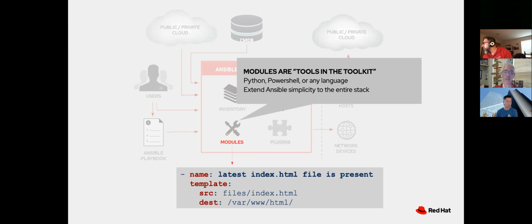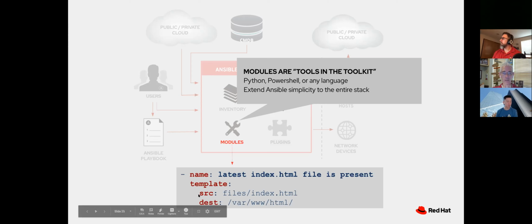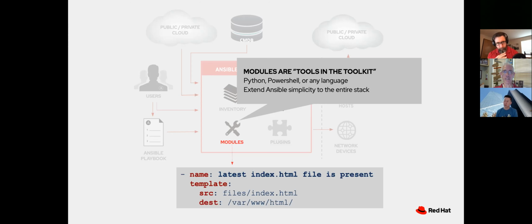The second thing that you specify is the module. Here, the module that's being specified is called template. And this is where I think the real power of Ansible comes into play, with these modules. John talked about these. Everyone's talked about the concept of modules, but in essence, the modules are the things that do the work.